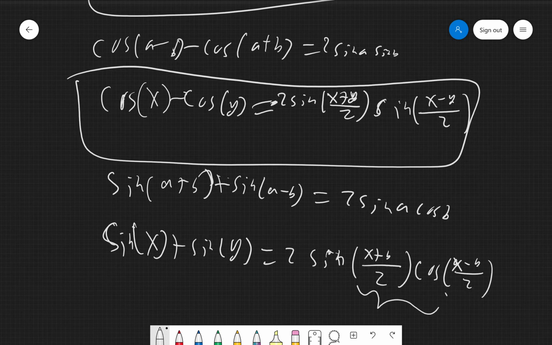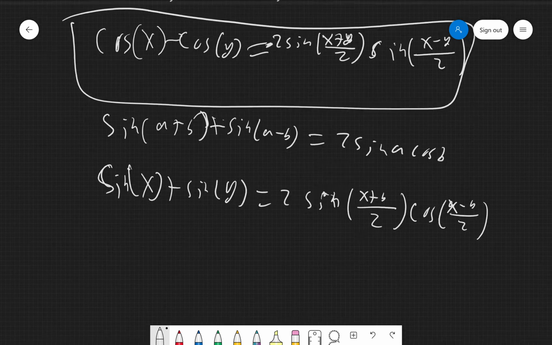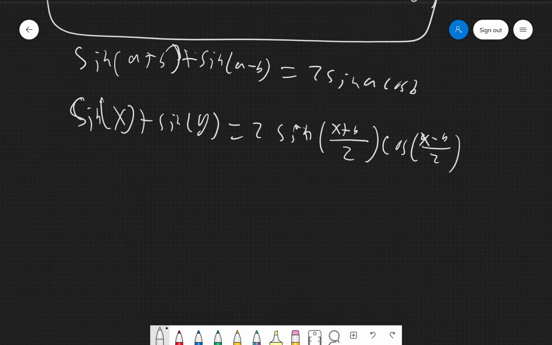Using this and this, we're going to use those later on. I think we already used it when we were talking about complex numbers in algebra 2, when we did the real part of z is equal to, and we added the imaginaries. This is really important when we have a plus b and a minus b.